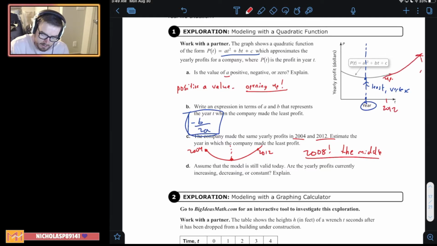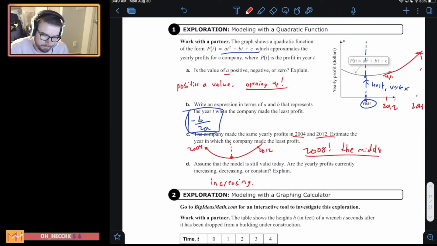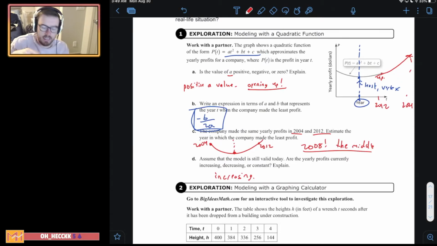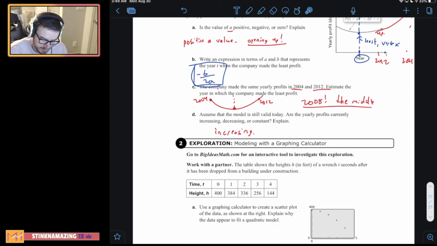And out here is 2021, so it's still increasing. I know there weren't any numbers really for that except for 2008, but hopefully you can get the idea, even without numbers, how this graph p can represent the profit increasing over time.